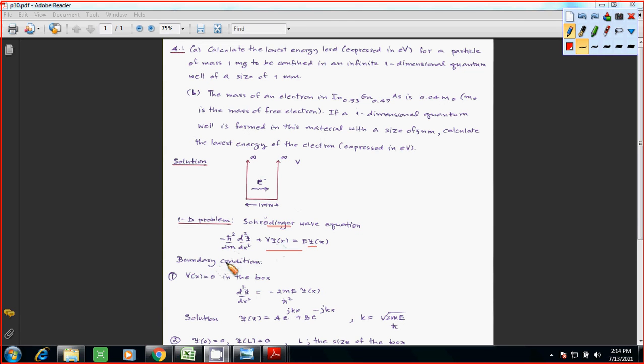Take a look at the solution of the Schrödinger wave equation first. From basic math, your solution becomes psi of x, that's the wave function, equal to a exponential jkx plus b exponential negative jkx. This one is the forward moving, from the left to the right, and this one is the backward moving of electrons.